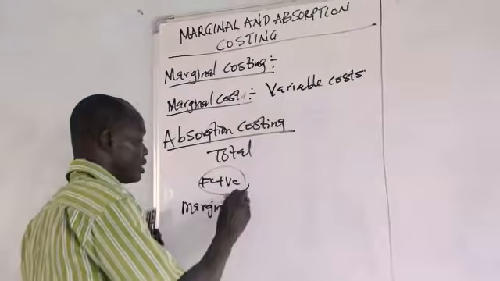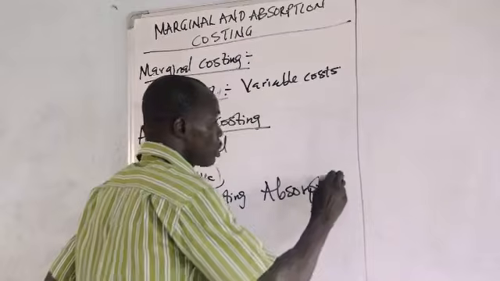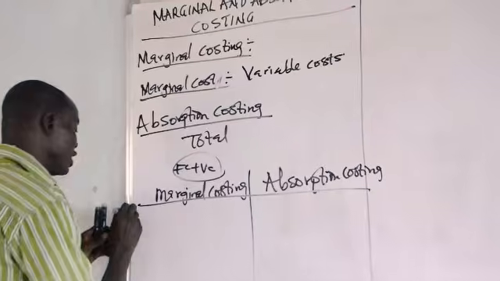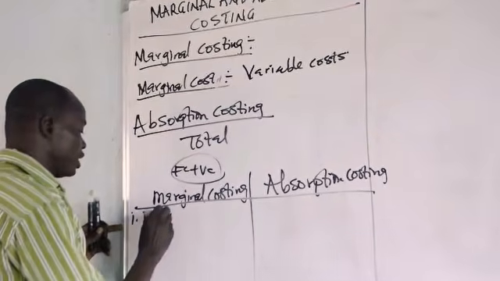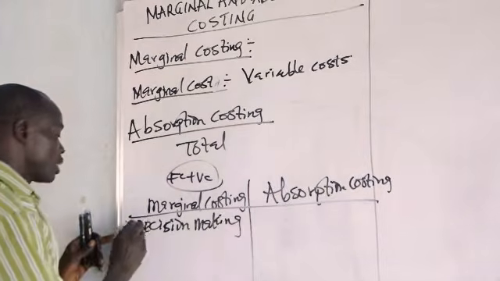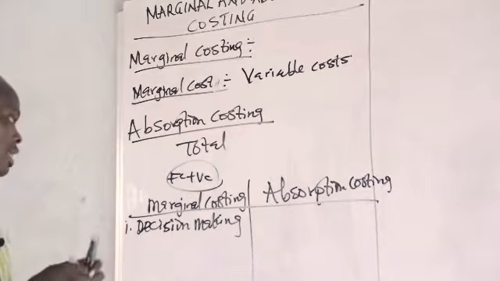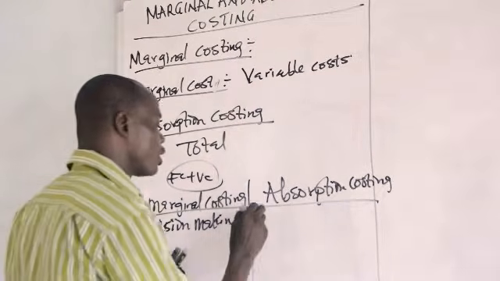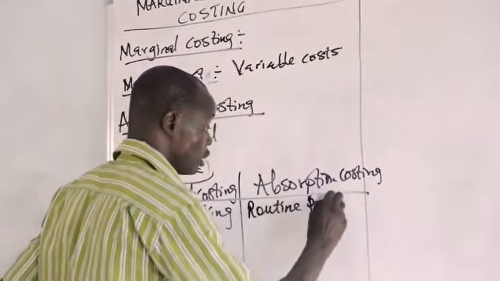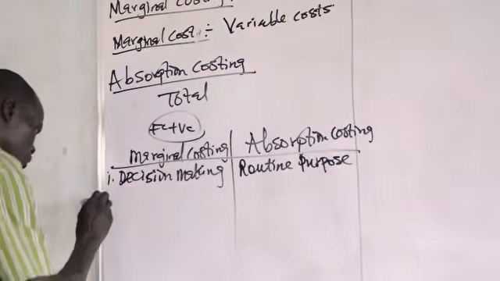Marginal costing is used for the purpose of decision making, while absorption costing is for routine purpose.